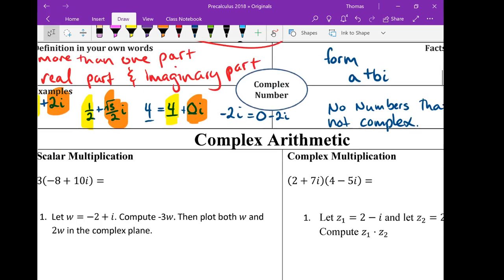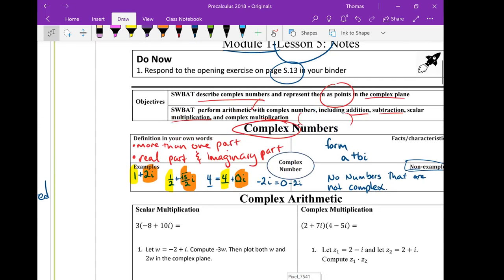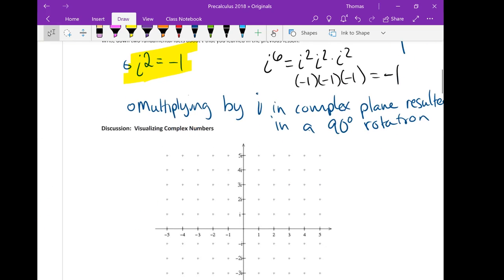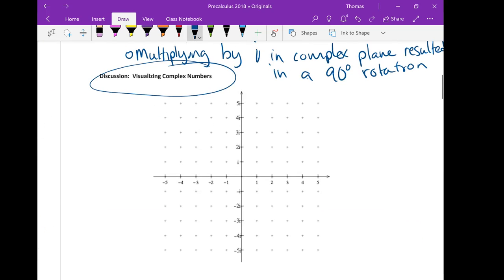All right. So the next step, that's how we can describe complex numbers. So we've seen some examples. Go ahead and take a couple seconds and go to your binder and look at this visualizing complex numbers. So we described the concept. Now we're going to talk about how we can visualize them. First of all, I want to point out that this axis looks a lot like the coordinate plane that we're used to.